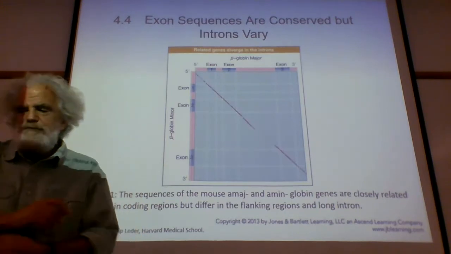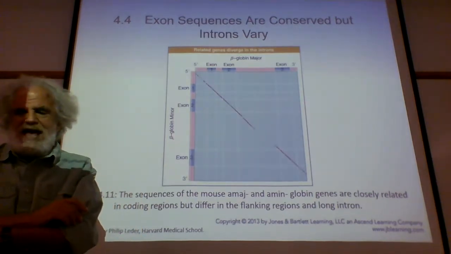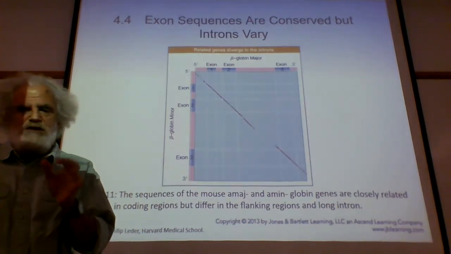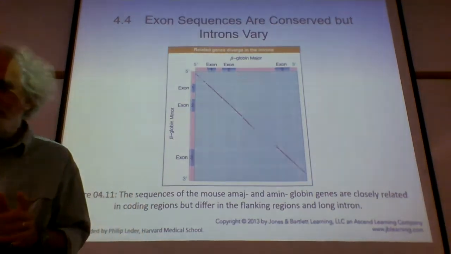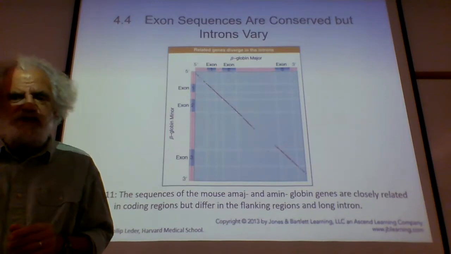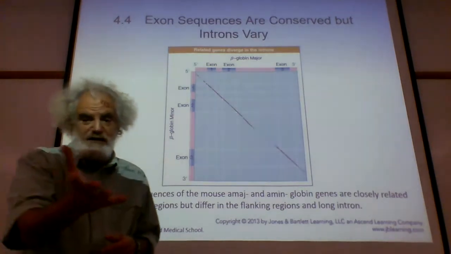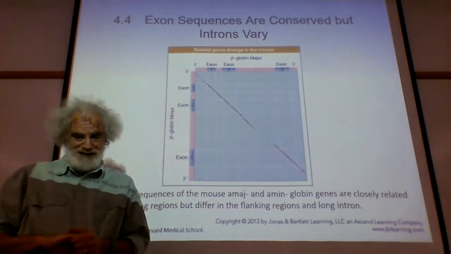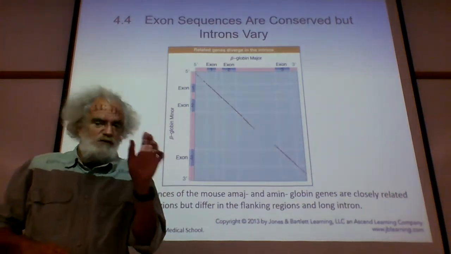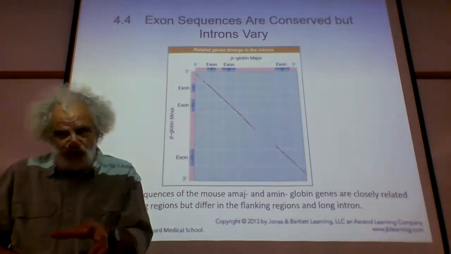So when we look at a gene sequence, we can have this dot plot that you guys actually were looking at with our alignment assignment. And you can do that either with amino acids, you can also do it with nucleotides.